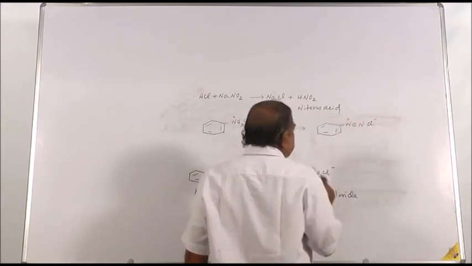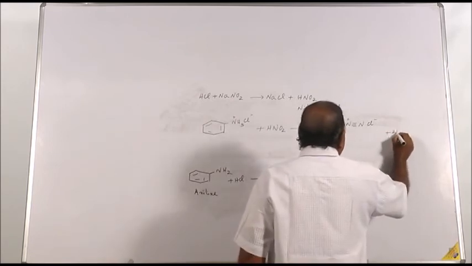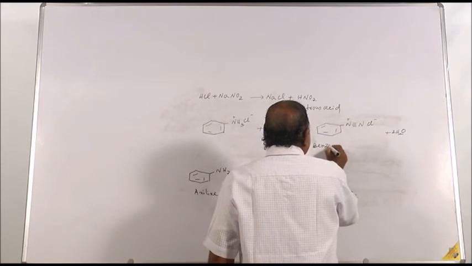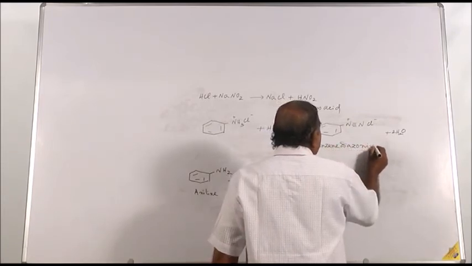This nitrogen is positive, having valency 4, along with the elimination of 2 molecules of water. This is benzene diazonium chloride.